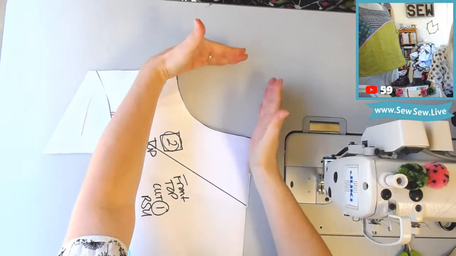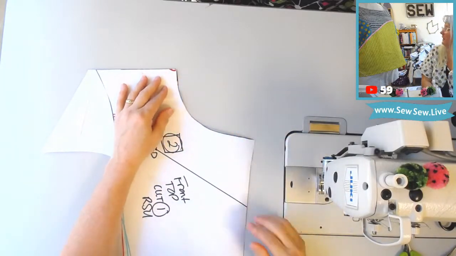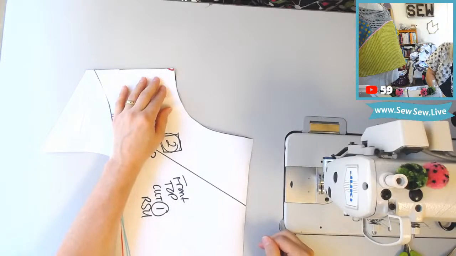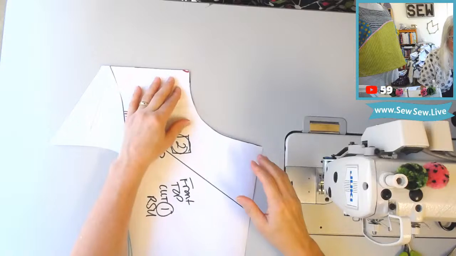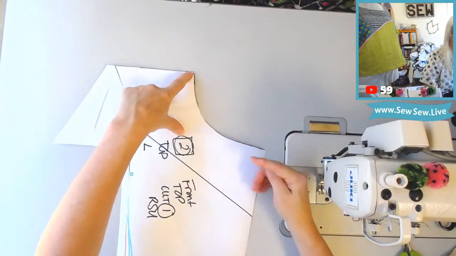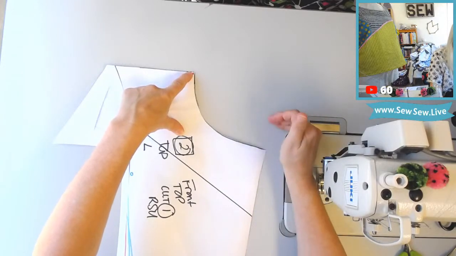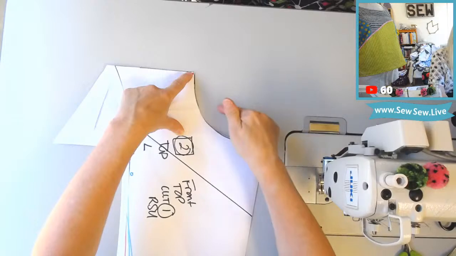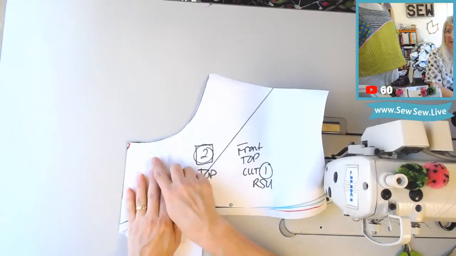So continue these lines and add in, like for me, I could easily add in 2 inches, maybe 1.5 inches. And you might have to adjust it because maybe you like the depth here, but you want it to come in on the shoulder. So then you just straighten your shoulder and bring it in the amount you want and then smooth in this curve. I should probably show it to you like this, but yeah.